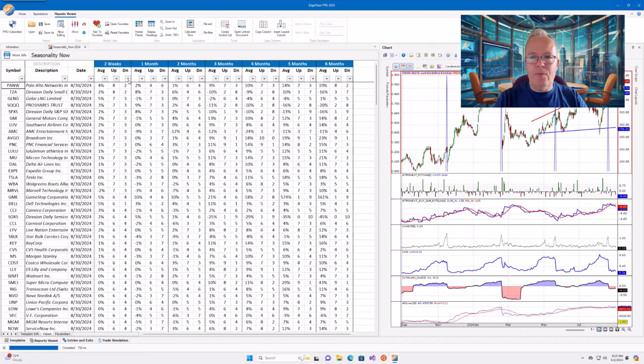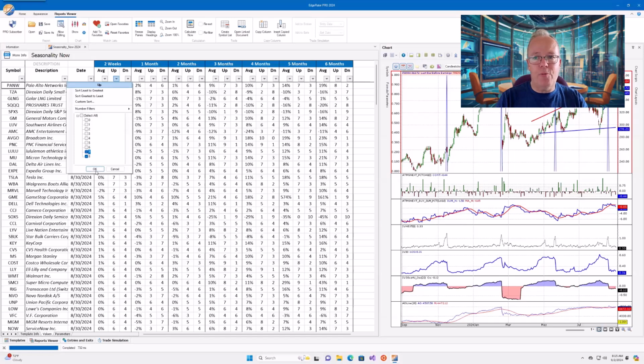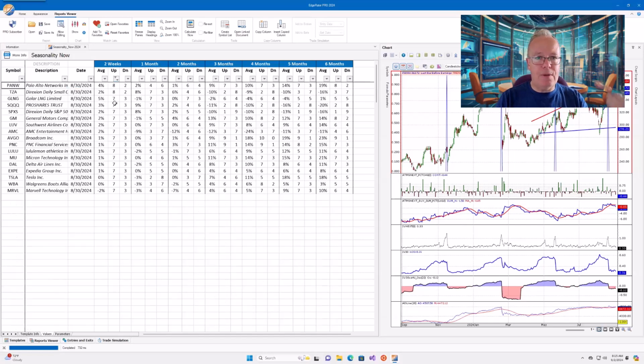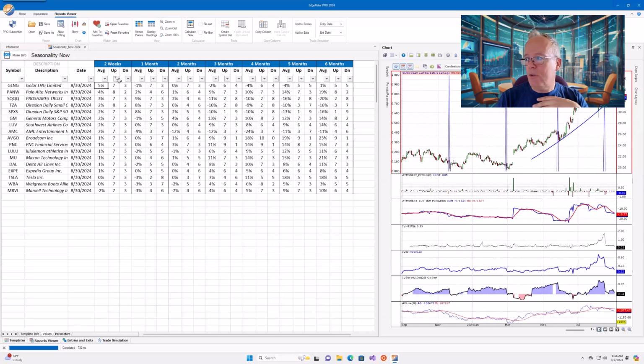One way that's good to sort this list is to look at the number of up years and filter it. You can say I only want to look at stocks where out of the last 10 years, 8 or 7 of them have been up years. So we've immediately narrowed down that list of 250 to a list of maybe 20 in there. Okay, and then we can sort them by average percent gain. And then we can take a look at the charts on those.